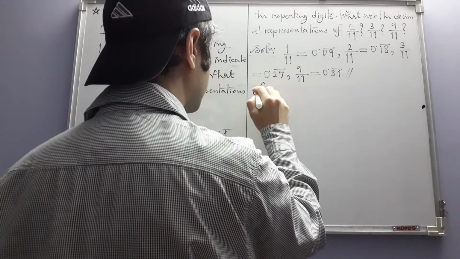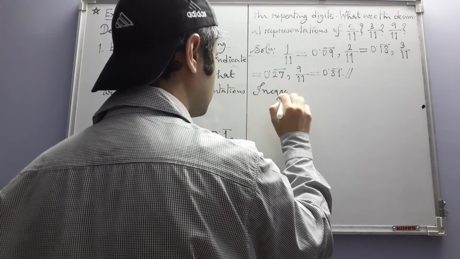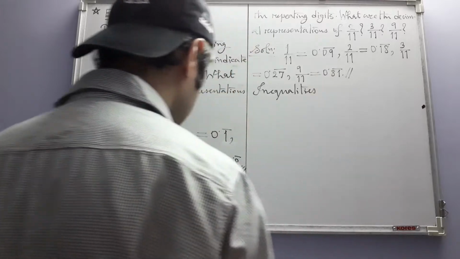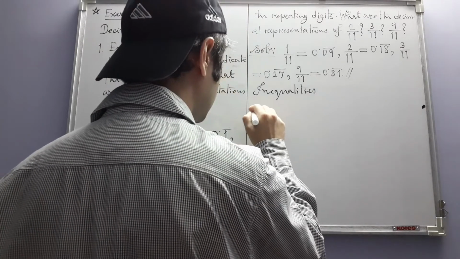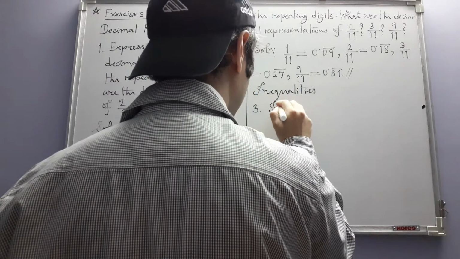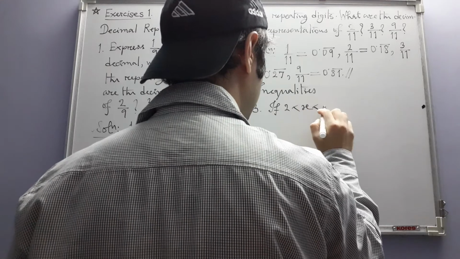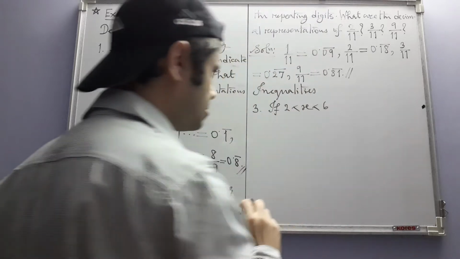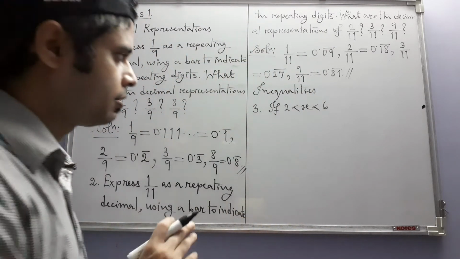Next, we have some problems involving inequalities. Exercise 3. If 2 is less than x and x is less than 6, that means x is some real number lying between 2 and 6 in this sense.